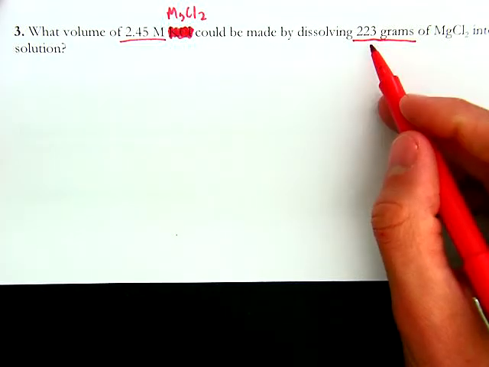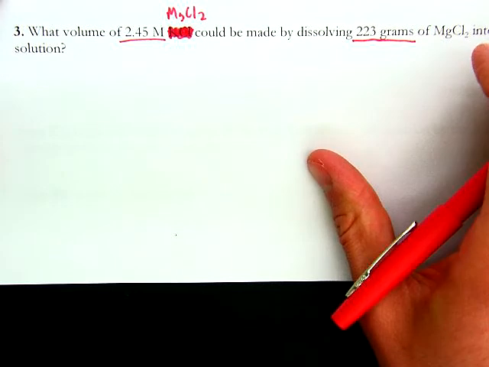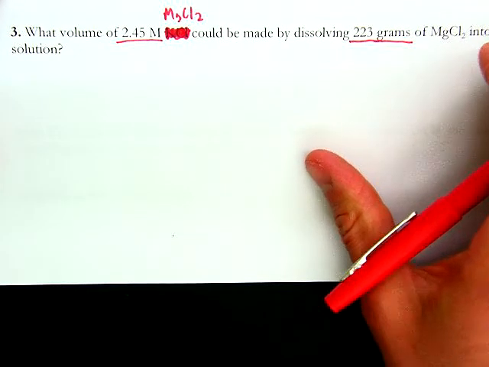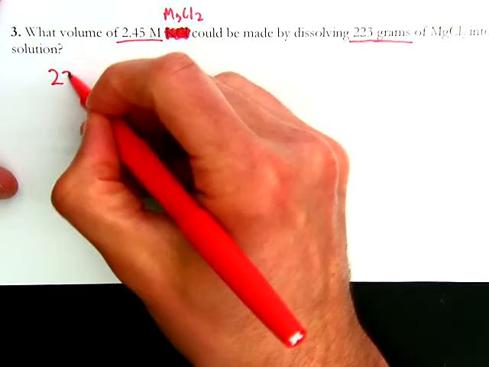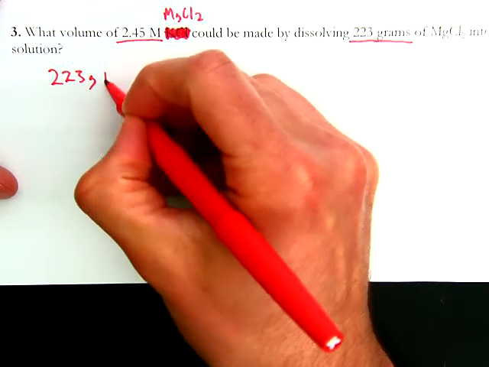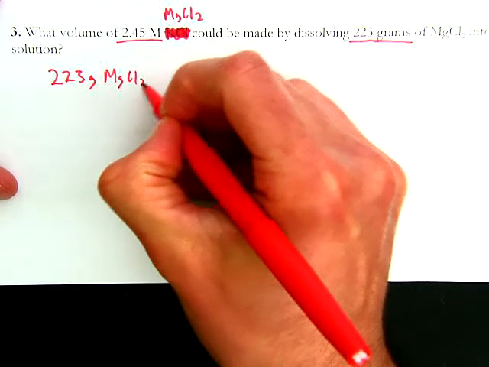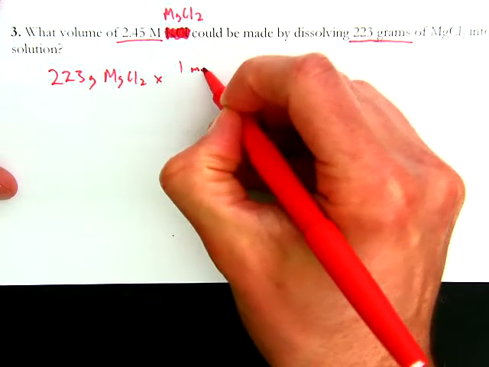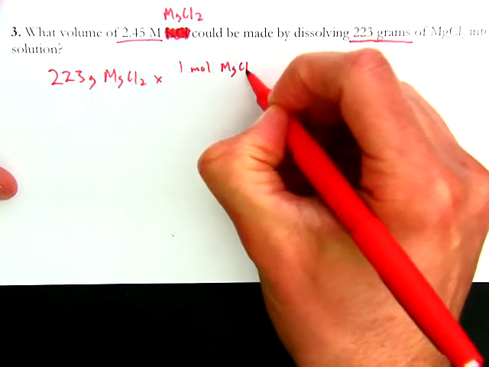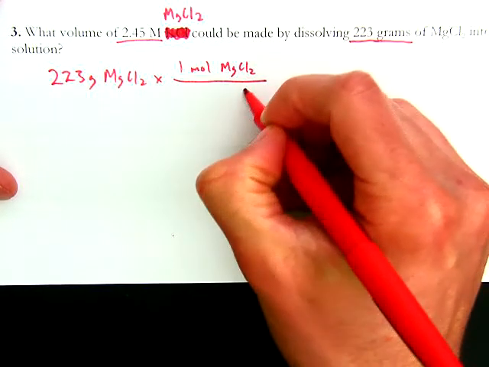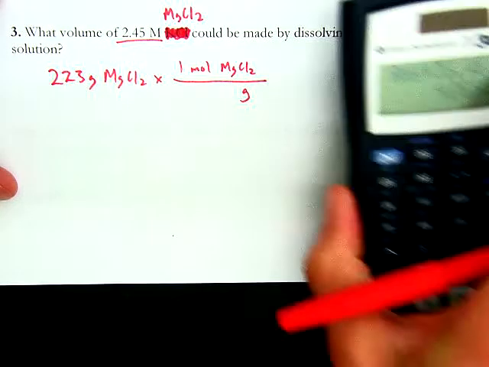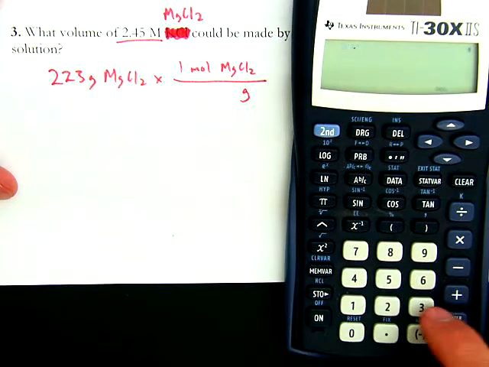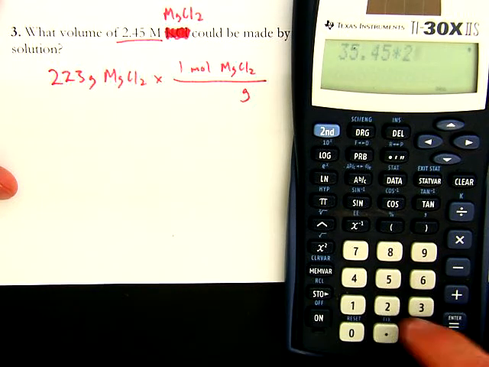So you're going to need to take the grams of MgCl2 and turn them into moles. So 223 grams of MgCl2, turn them into moles. 1 mole of MgCl2 is some number of grams, so we'll add that up. Chlorine is 35.45 and we have 2 of them.